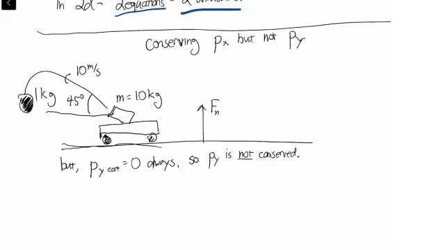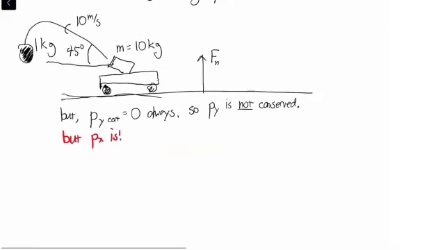So Py is not conserved, and that's important. So what we do is write down, Px is conserved, so we can write down the conservation of momentum for Px. Basically what we get is that the initial momentum is 0.